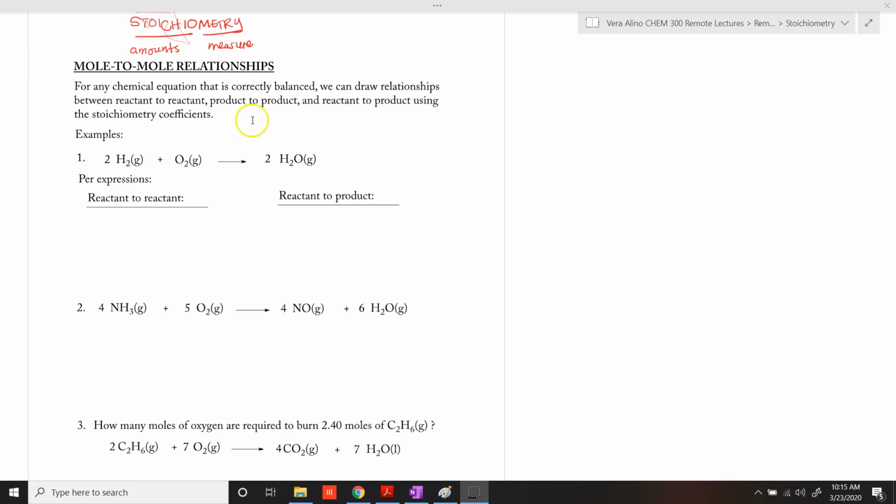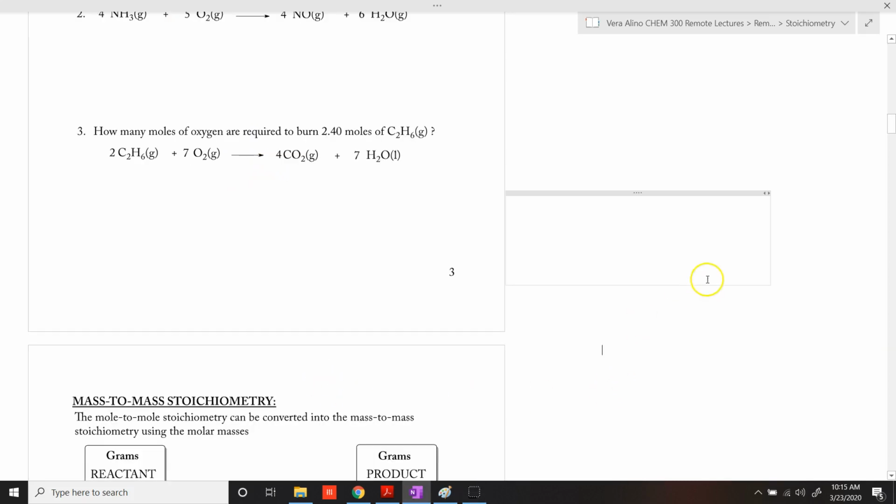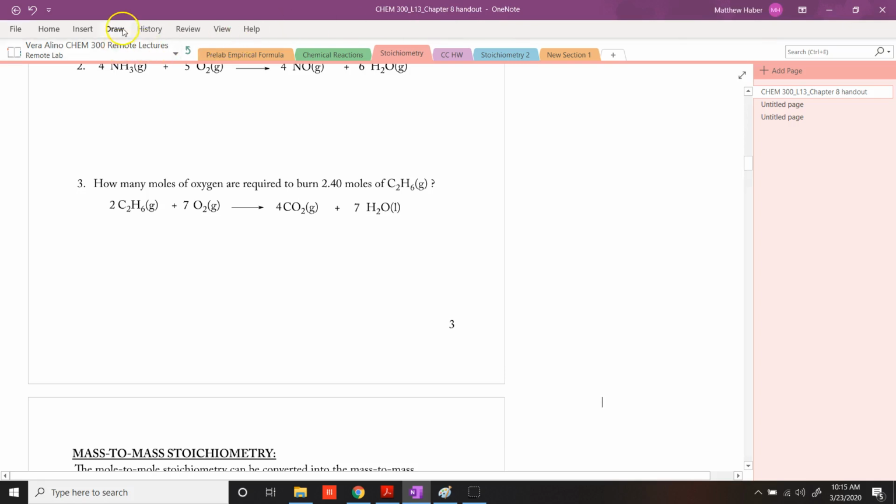So I'm going to try to use the third problem as an example here. So this is a combustion problem. You have this fuel C2H6, and you're going to need oxygen to help burn the fuel.